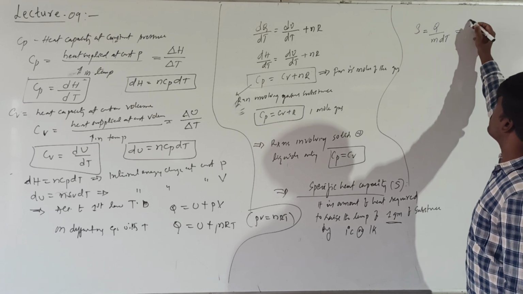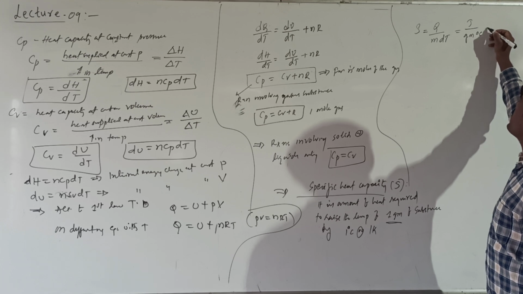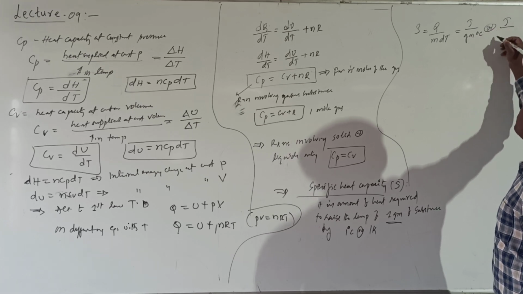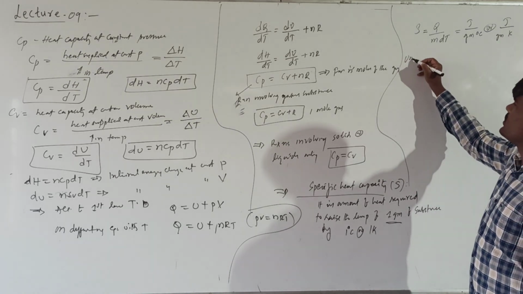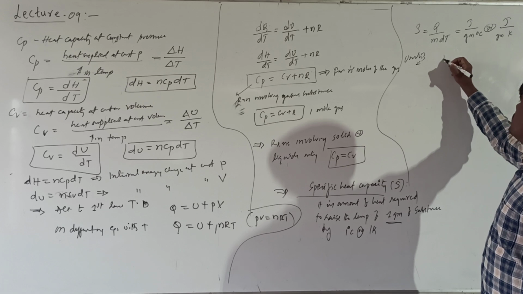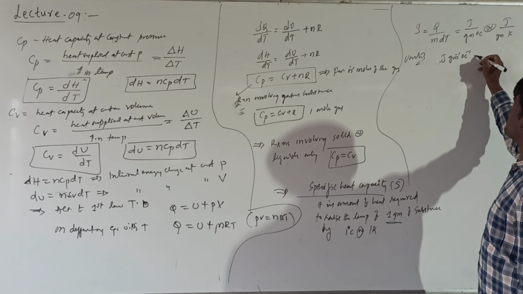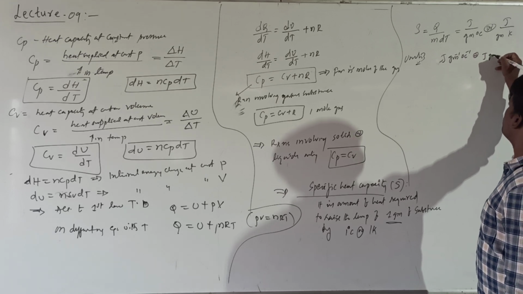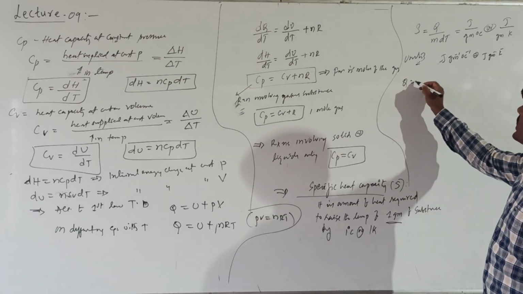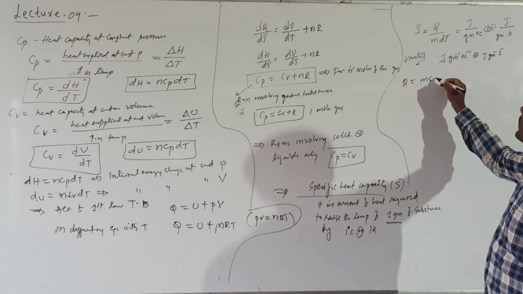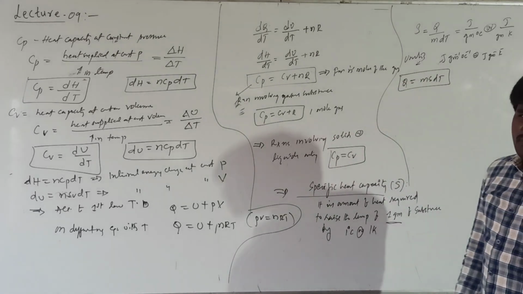Joules per gram per degree Celsius, or we can also write joules per gram per Kelvin. From this, we can write Q equal to m S dT. This is the meaning of specific heat capacity.